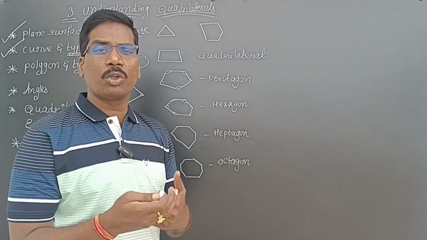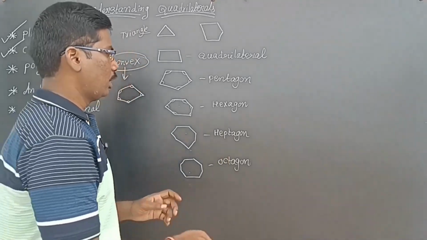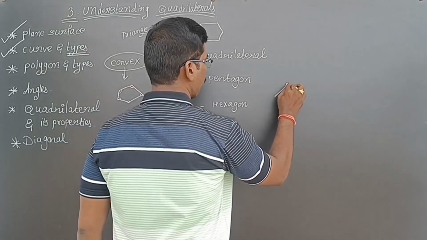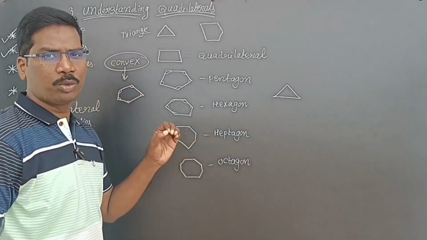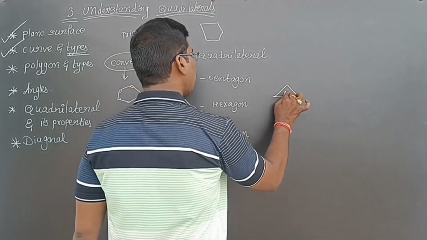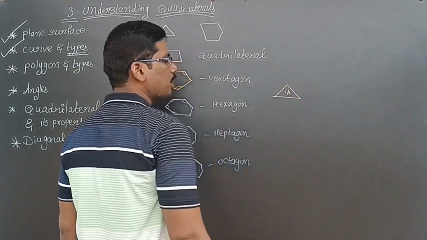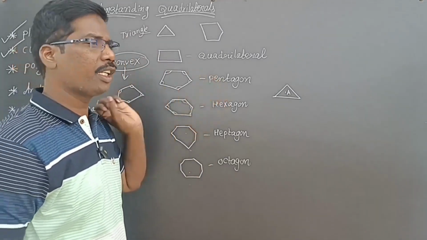Before going to discuss what is interior, what is exterior, and what is on the polygon, listen. Now I am taking a triangle. This is a simple closed figure which has 3 sides. If I take any point inside the triangle, that is called an interior region point.